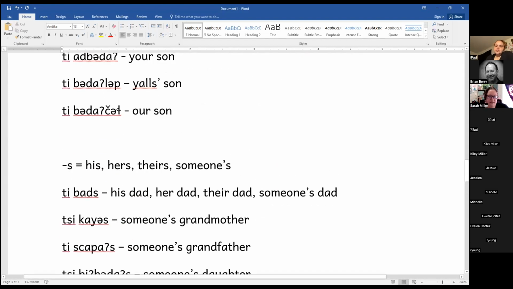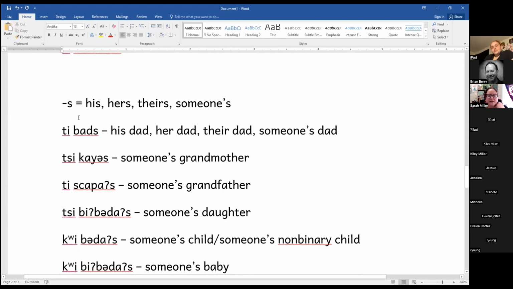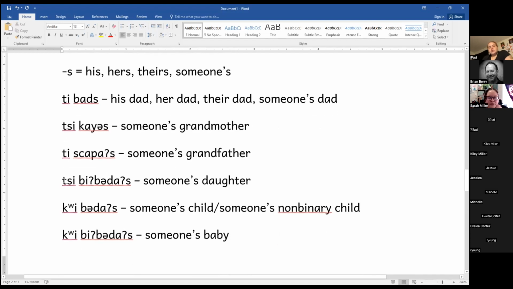So let's go ahead and go through the S possessive, is what we call it. T-bods, C-kayas, T-tsapas, C-beat-badats, Qui-badats, Qui-beat-badats. So remember in Lushootseed, if you see an S on the end of a noun, that doesn't pluralize it like it does in English.